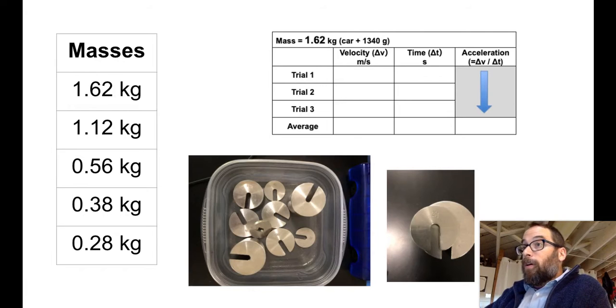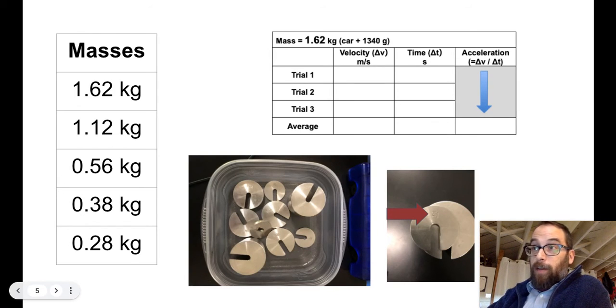Now, each mass in your little kit has the number of grams it is worth stamped on the top. So in order to figure out what masses to use to get the total mass you need, first you got to look at your data table. Up here, it says what mass you're going to be testing. And then in parentheses on each data table, it tells you how to get that mass.